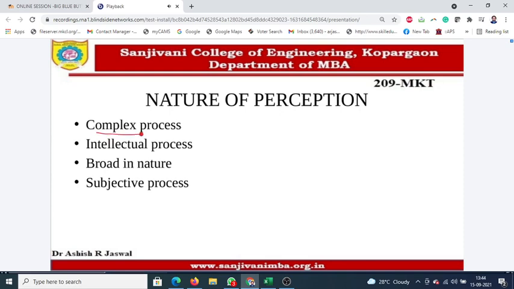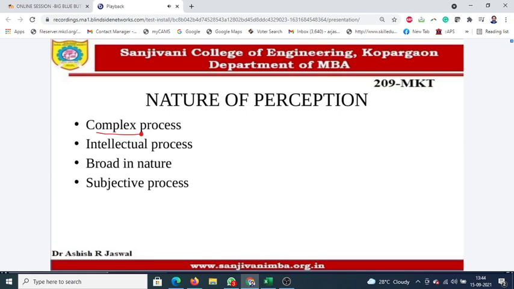What does it mean? After a stimulus is detected, I saw that banner, I saw that packing, the perception process comes into play. First the sensation process and then perception comes into play.